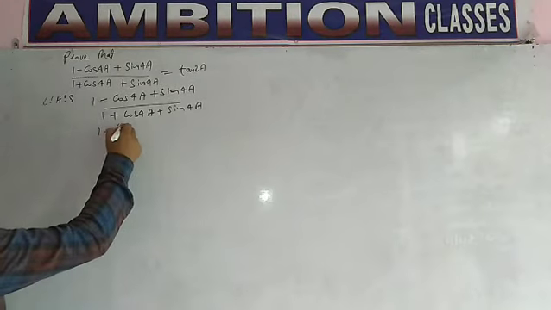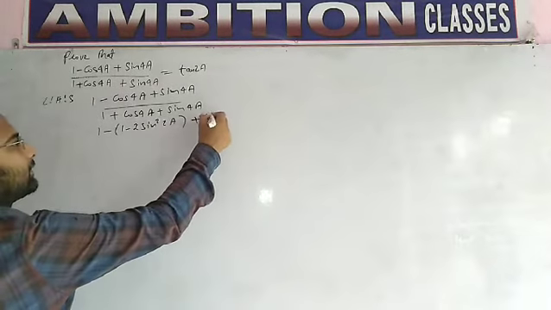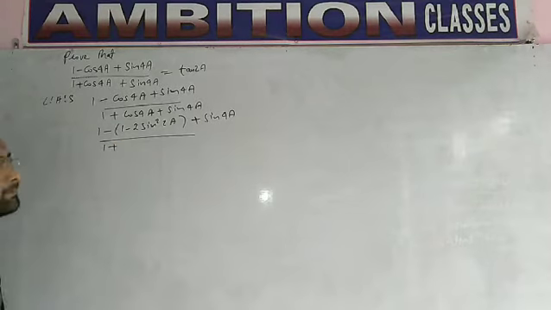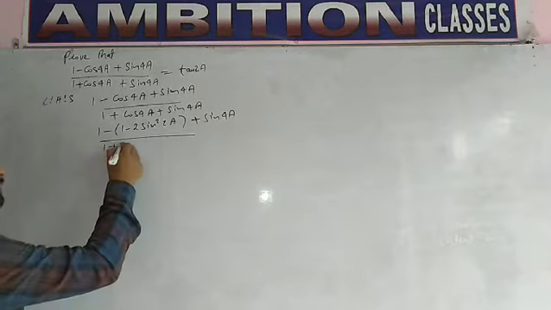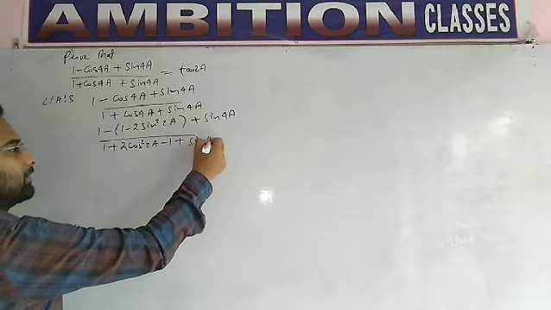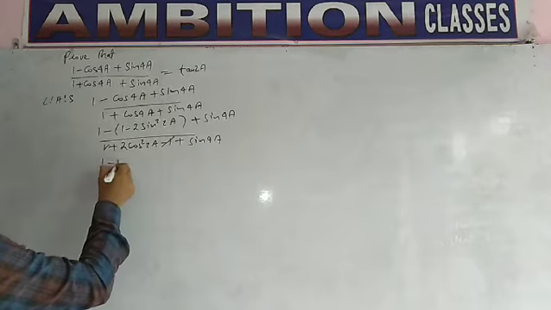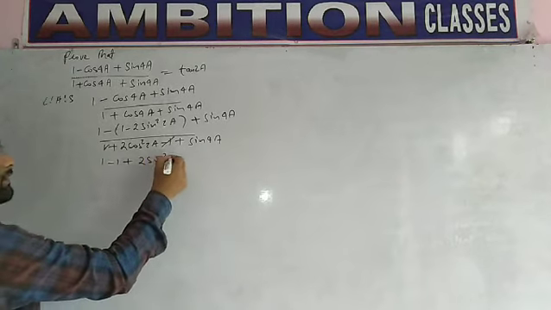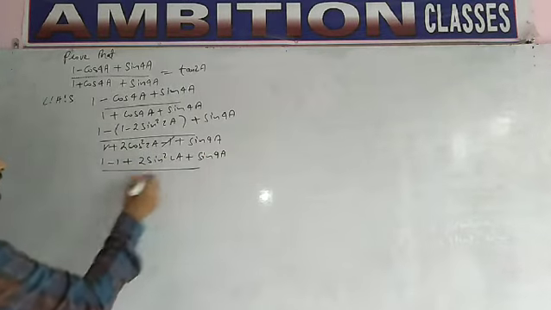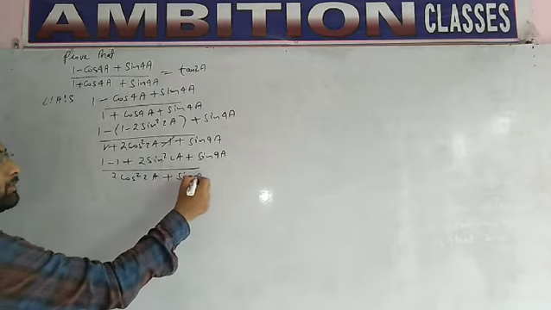So we will apply here 1 minus 2 sin square 2a plus sin 4a upon 1 plus, now we have to apply the formula which cuts the effect of 1, 2 cos square 2a minus 1 plus sin 4a. Okay, let's see, this one will cancel this one. Here we will have 1 minus 1 plus 2 sin square 2a plus sin 4a upon 2 cos square 2a plus sin 4a.